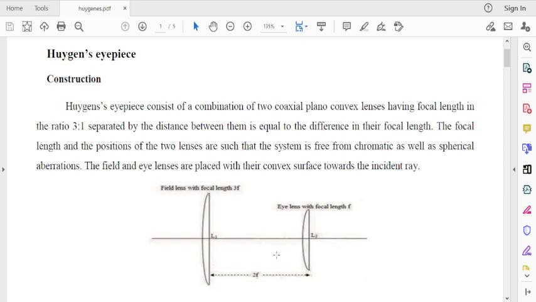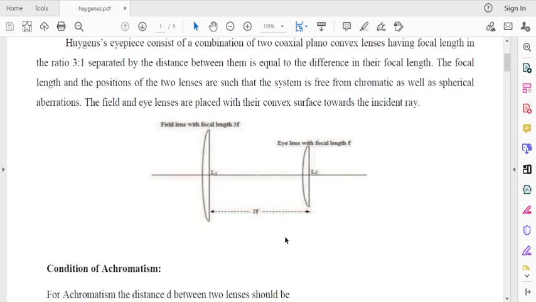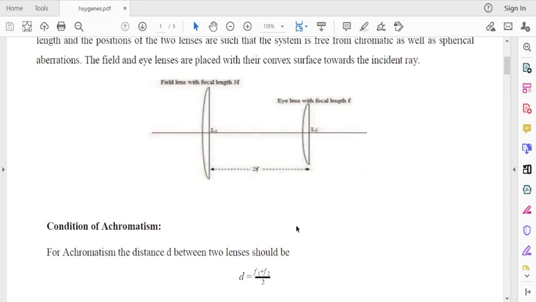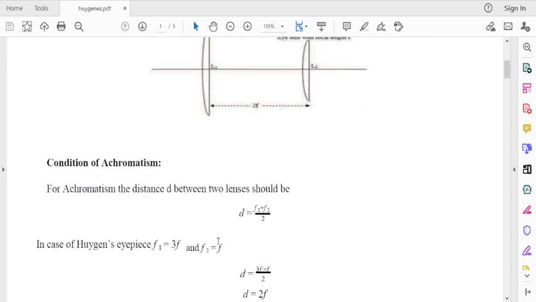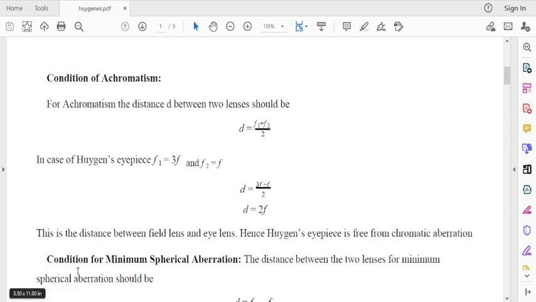And chromatic as well as spherical aberration is not present here, means that this eyepiece is free from these types of defects, and it satisfies the two conditions simultaneously. Which are the two conditions? See, the condition of achromatism, and again the condition for minimal spherical aberration.